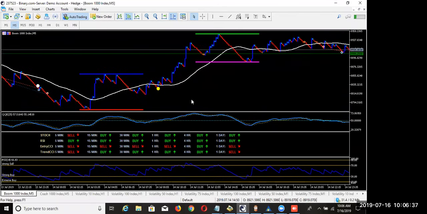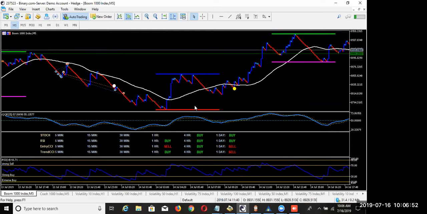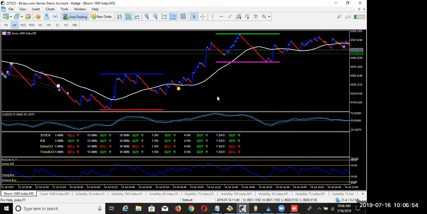Now for a sell, you only go for a sell when the price is below your moving average 50. For example, after every boom is a sell mostly, but I'll explain how the software will also help you to determine the fake ones.